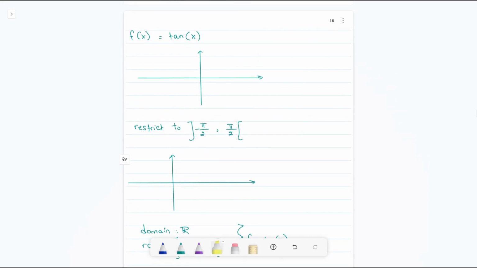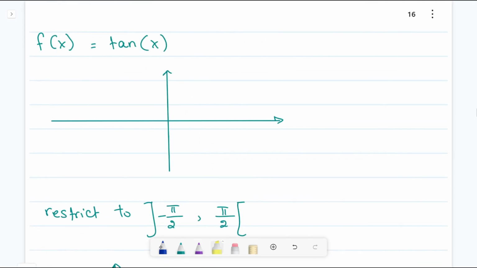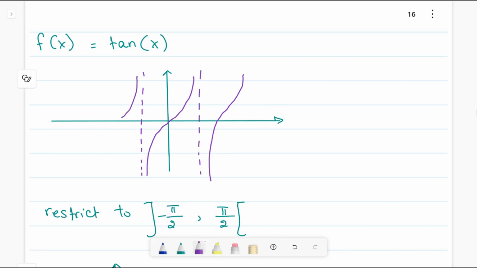Now let's move to tan of x. The graph of tan of x looks like this, where we have an asymptote here and another one here. Again, let's draw a horizontal line. It passes through more than one point, so this is not 1 to 1.